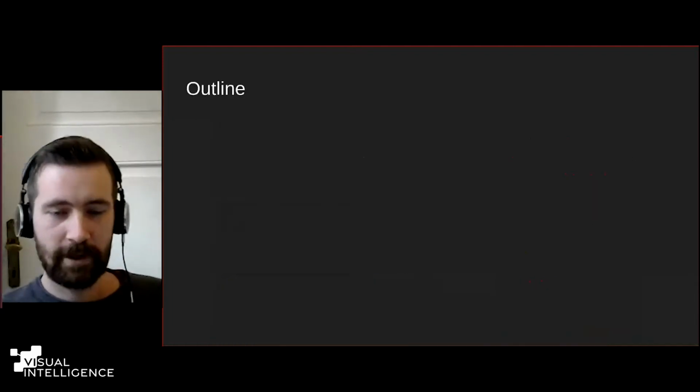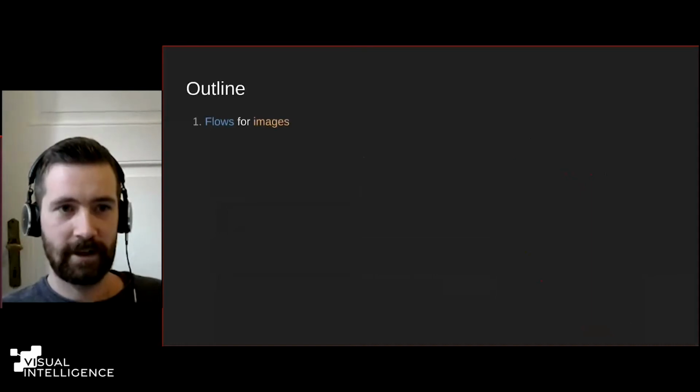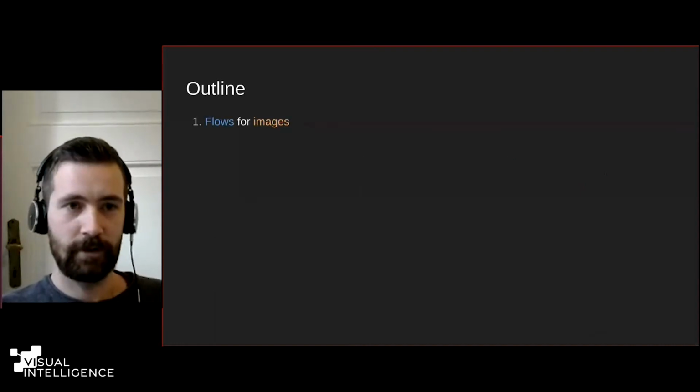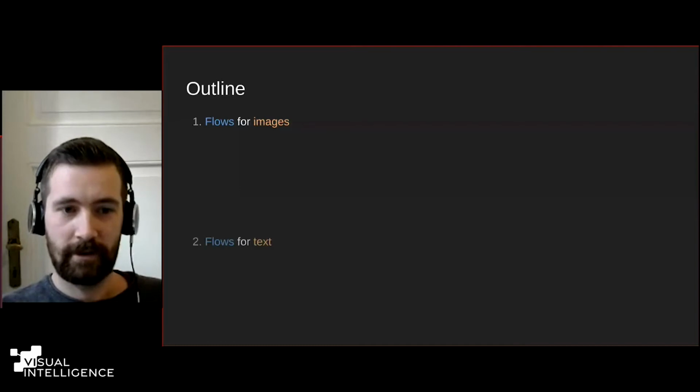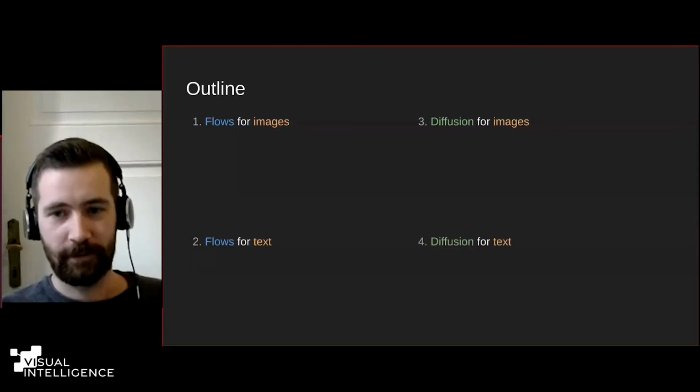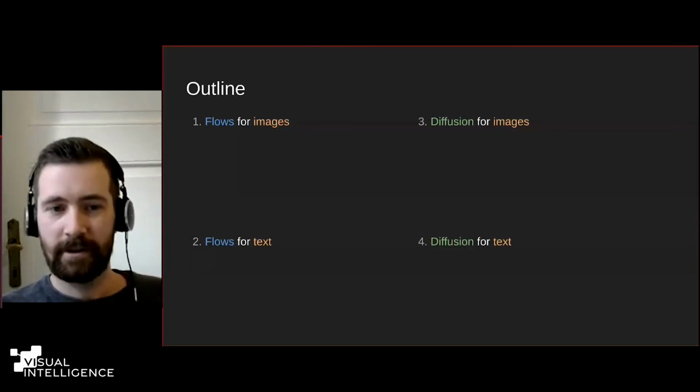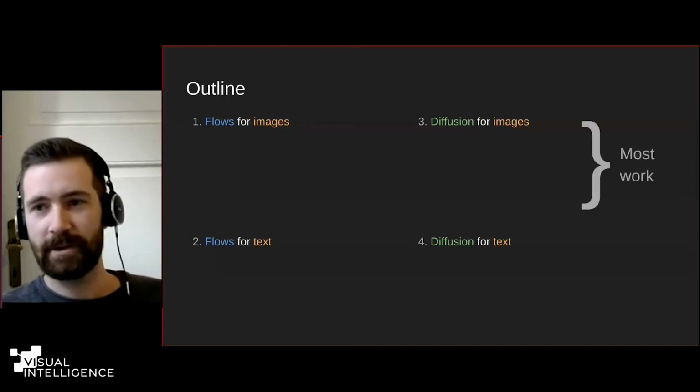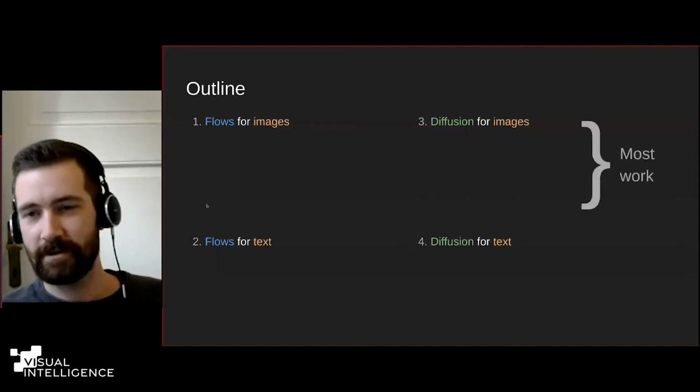So, to the outline. First, we'll talk about flows for images, and then we'll talk about flows for text, and then we'll do the same for diffusion models: first for images, then for text. Most work, as I've said earlier, has focused on images, so that will be this part.